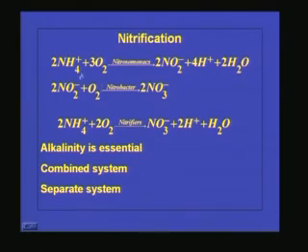So, this ammonia oxidation, or organic nitrogen oxidation to ammonia, then nitrite to nitrate, is taking place with the help of autotrophic microorganisms. They are known as nitrifiers. So, nitrifiers are responsible for the oxidation of ammonia nitrogen to nitrate.